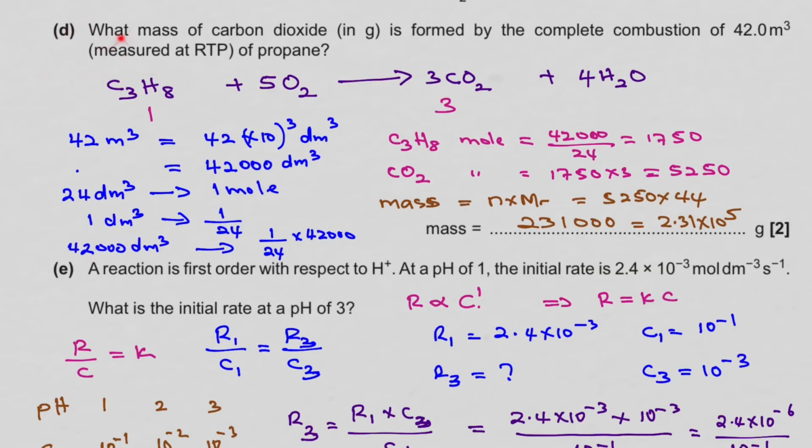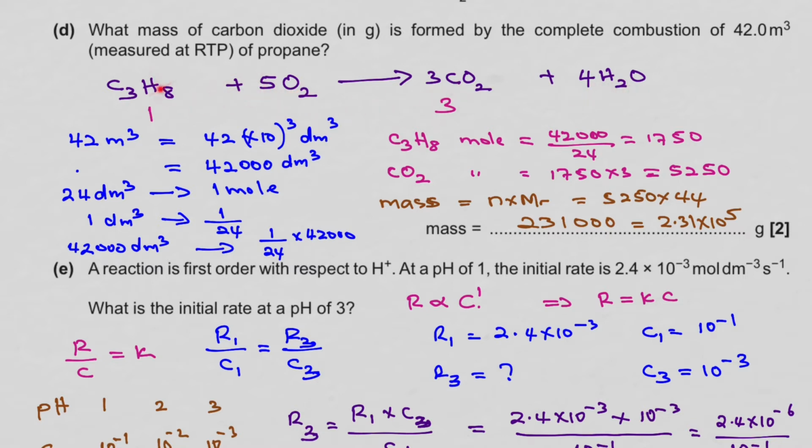D. What mass of carbon dioxide in grams is formed by the complete combustion of 42 meter cubed, measured at room temperature and pressure, of propane? Propane is C3H8, and you're burning it in oxygen, you get carbon dioxide and water.